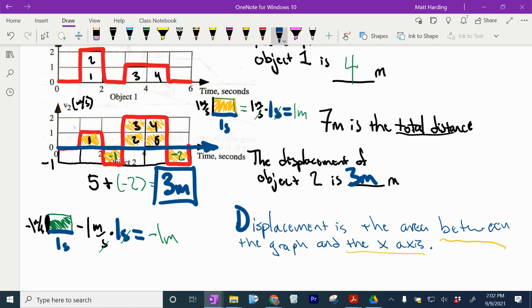We could also represent displacement as an arrow, and we don't do that much until much later on in the year where we talk about specific arrows to represent position. But I could draw one arrow starting at 2 and going to 0, and usually I would make that like a thicker arrow of sorts.